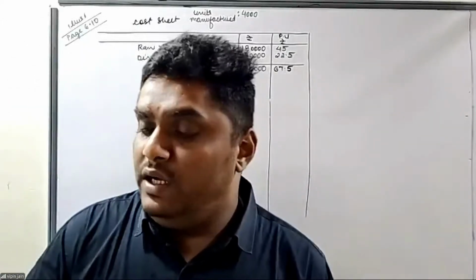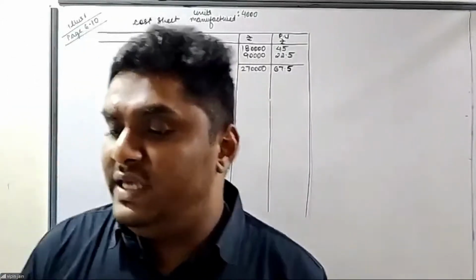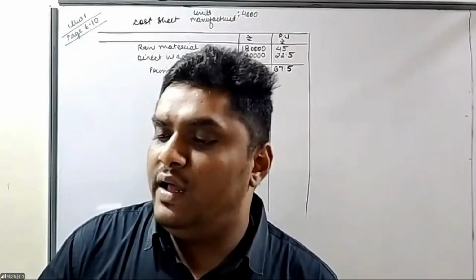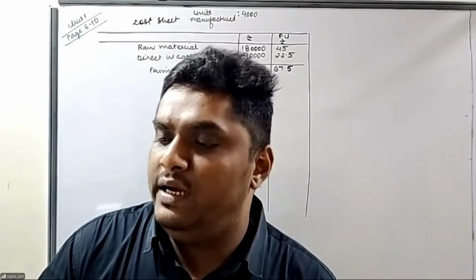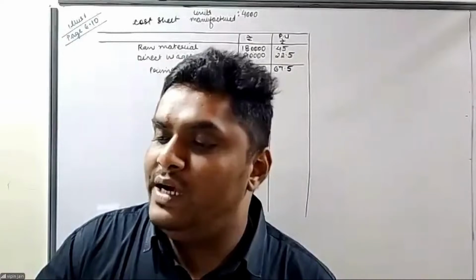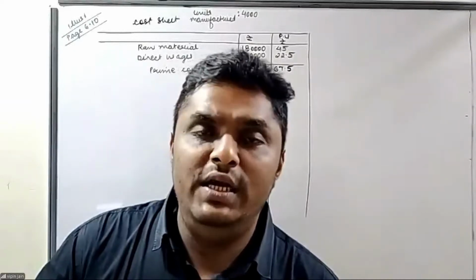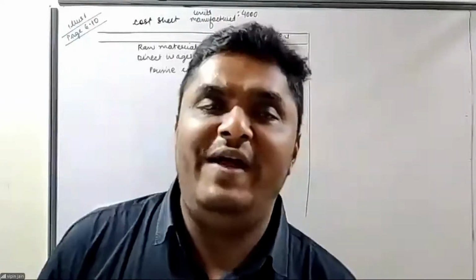Now, when talking about the factory overheads, it is given that the machine hours worked are 10,000 and the machine hour rate, that is the absorption rate of overheads, is 8. So 10,000 into 8, 80,000 are my factory overheads.